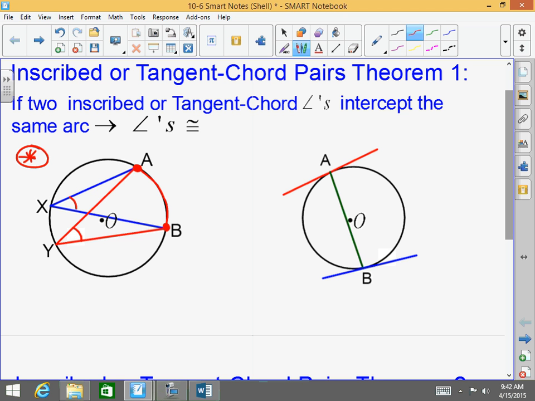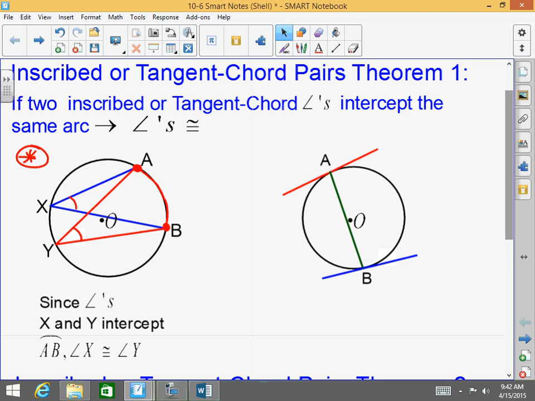So since angle X intercepts arc AB and angle Y intercepts arc AB, then angle X and angle Y are congruent. Since angles X and Y intercept the same arc AB, that will automatically make angle X congruent to angle Y. Think about it though logically, guys.